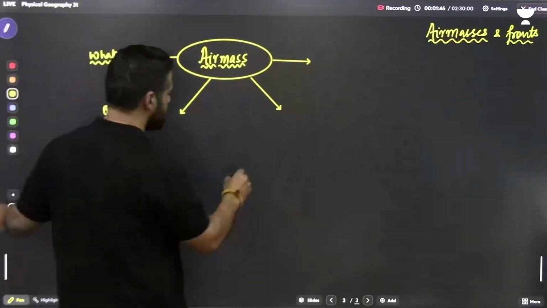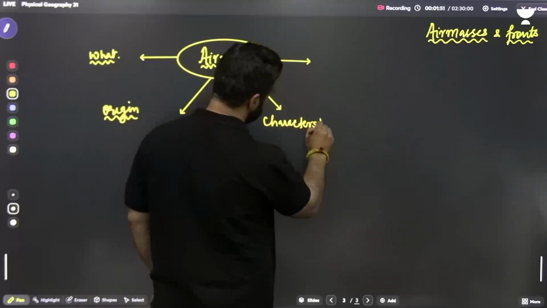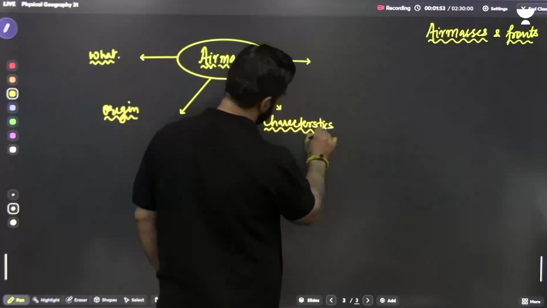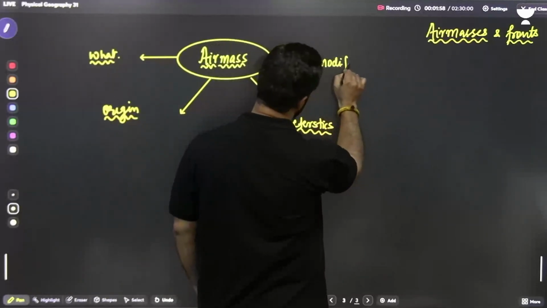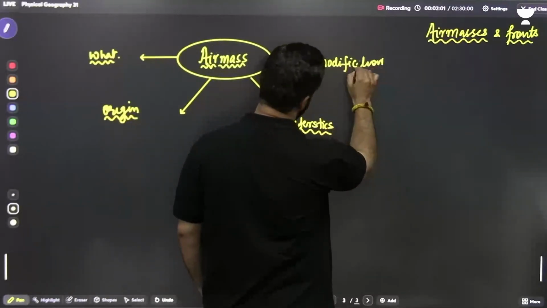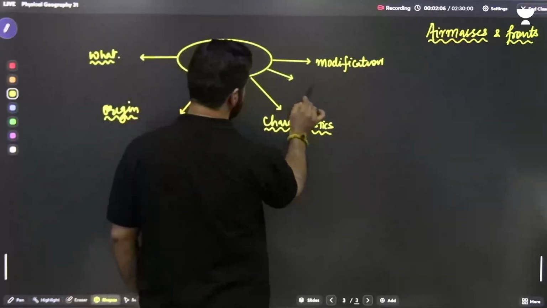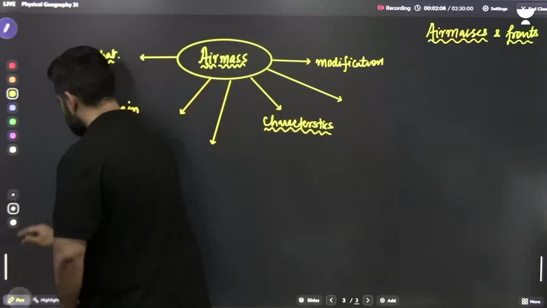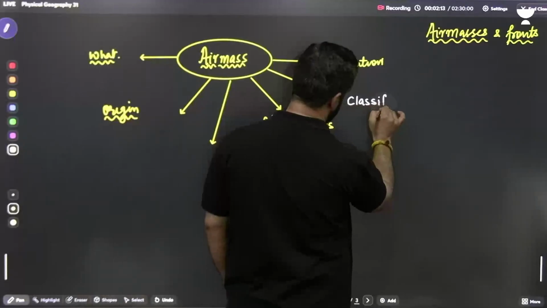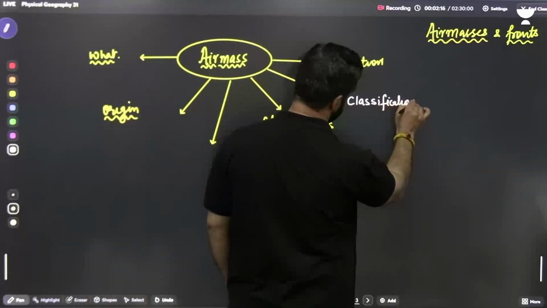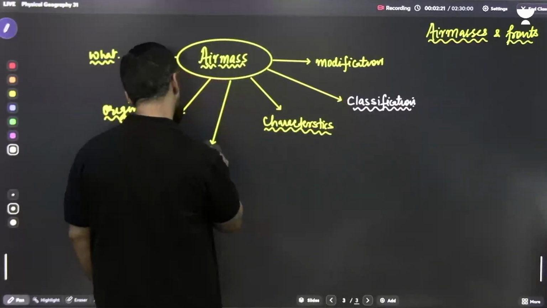Then the characteristic features of air mass. Modification of air mass. Classification of air mass. And weather phenomena associated.